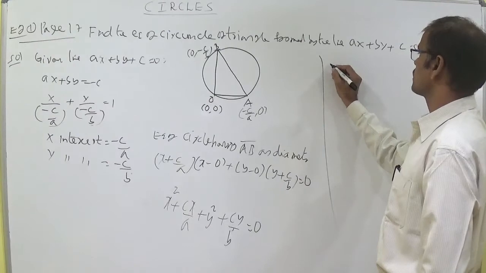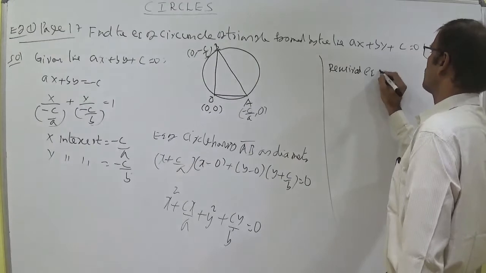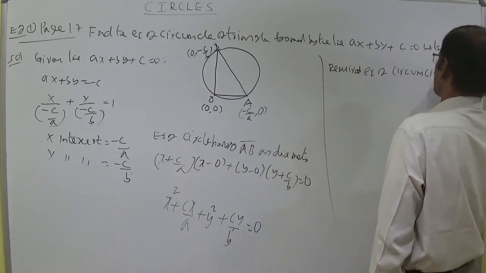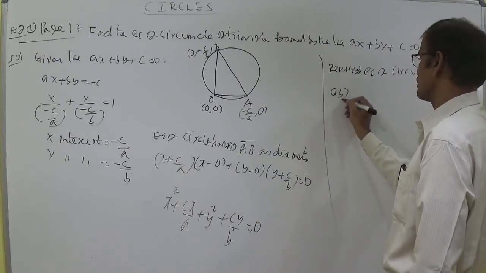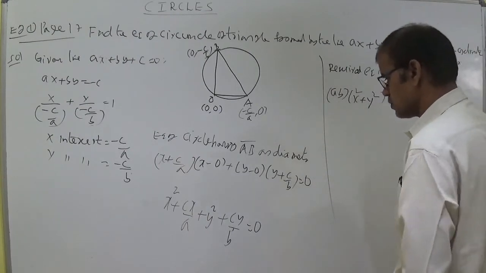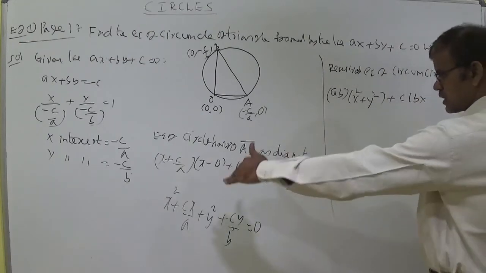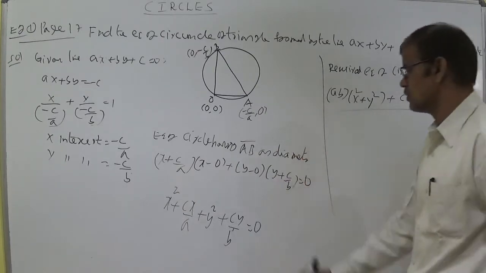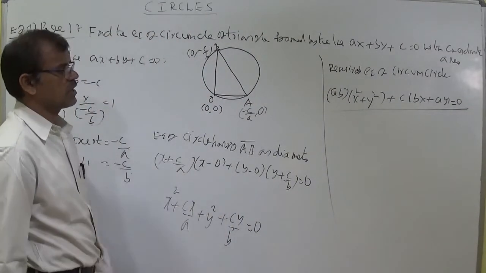So the required equation of circumcircle is, by taking LCM, ab(x square + y square) + c(bx + ay) = 0. Taking LCM, ab into x square plus y square, and bcx plus acy, where c I have taken common.